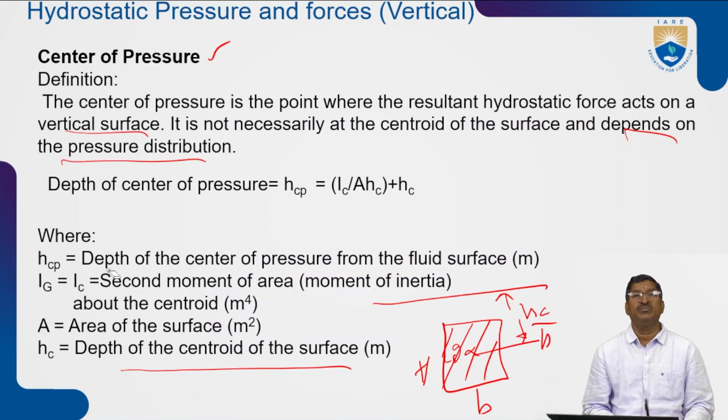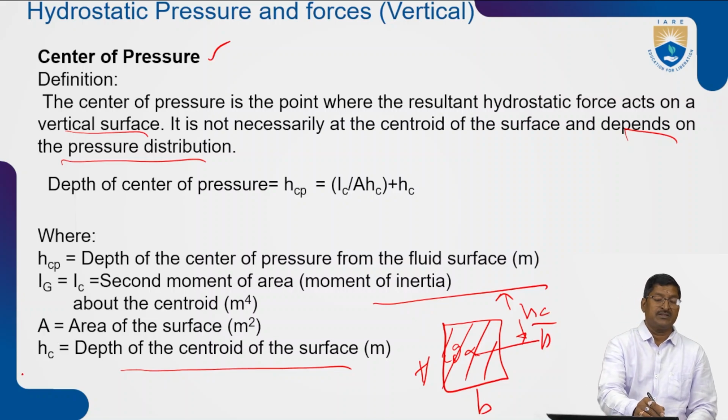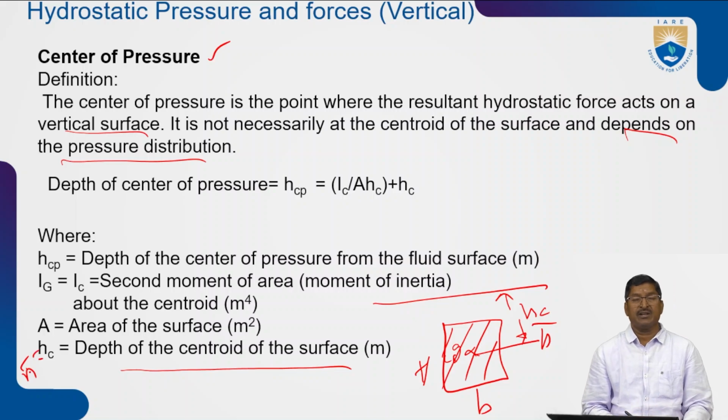Ig or Ic is the moment of inertia about the centroid, and A is the area of the surface. h c or h bar, you can call it the depth of the centroid of the surface from the liquid surface.